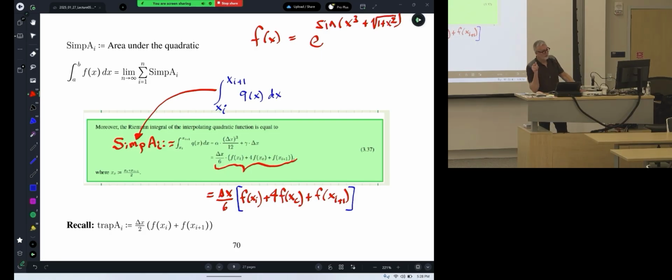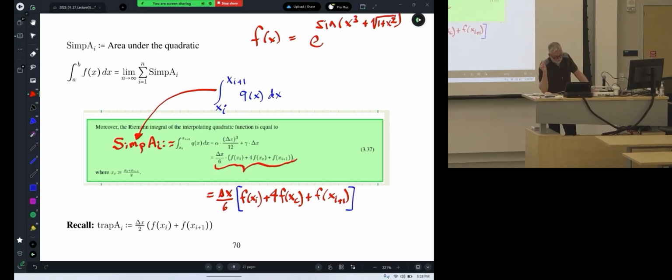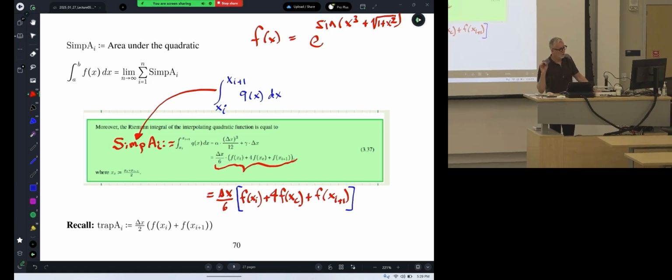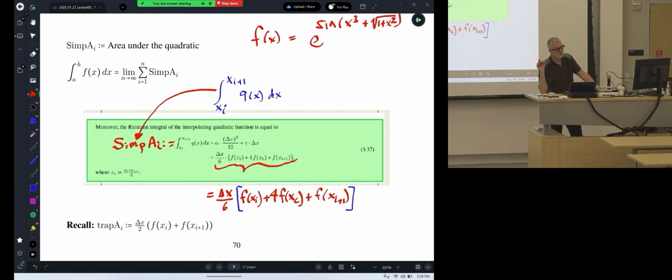Using the classic techniques that you may have already seen, some of you, in Math 116, things called integration by parts, integration by substitution, etc., those techniques will fail on that function. There is no antiderivative. And so you're forced into doing numerical calculations.